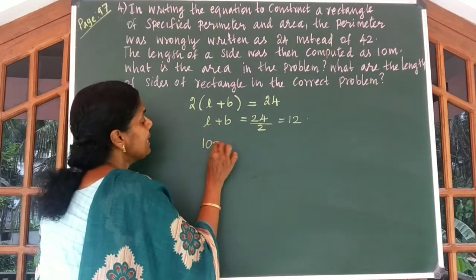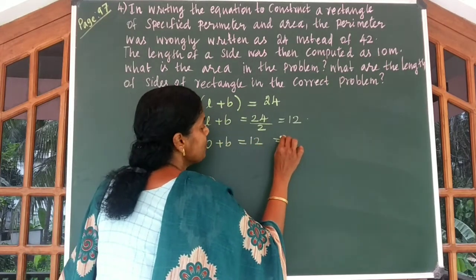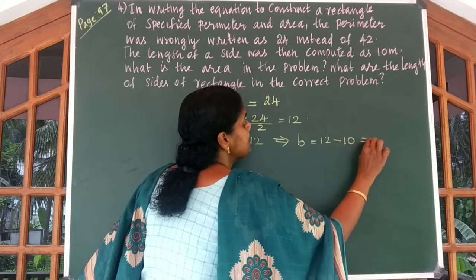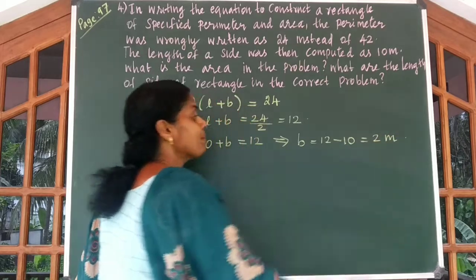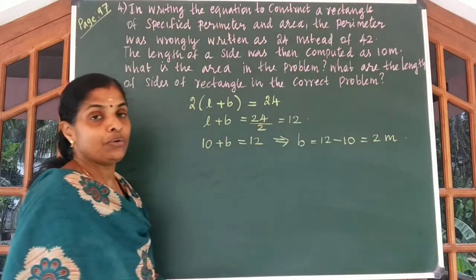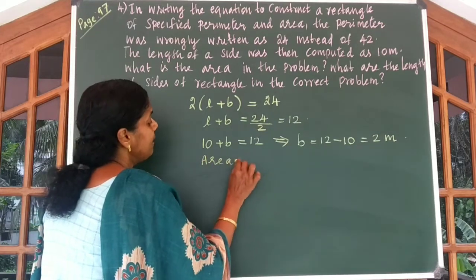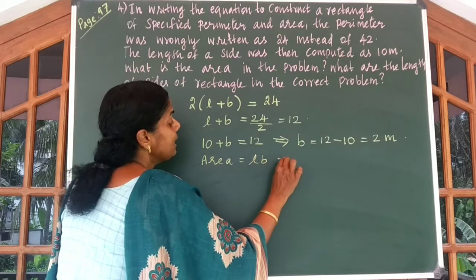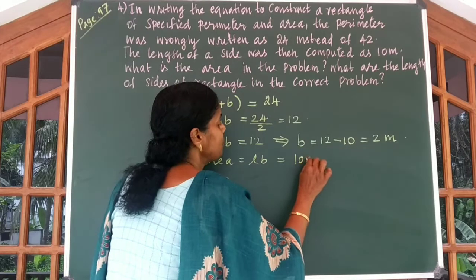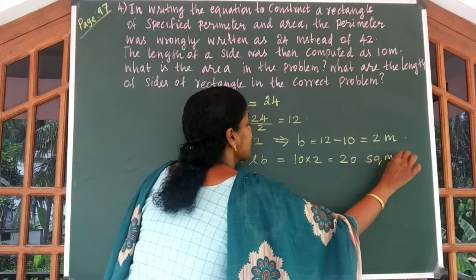So you get 10 plus B is equal to 12, from which you get breadth is equal to 12 minus 10, which is equal to 2 meter. Now if length is 10 and breadth is 2, we can calculate area. We know the formula, area is equal to length into breadth, which gives you 10 into 2, that is equal to 20 square meter.